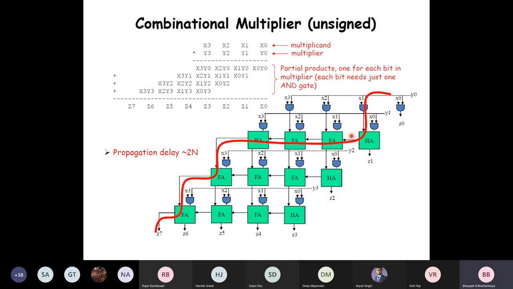As before, there is a horizontal flow of signal as well as vertical flow of signal, and thereby this is the critical path, maybe the longest path. If I have n by n, then I have to traverse all the bits in the multiplier as well as all the bits in the multiplicand. That's why the propagation delay is of the order of twice n.